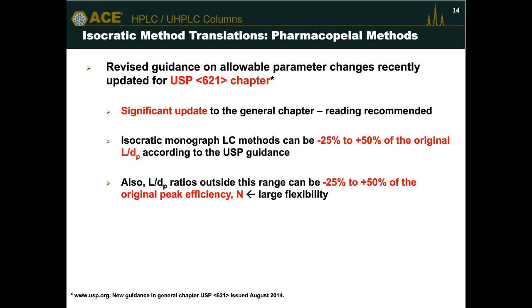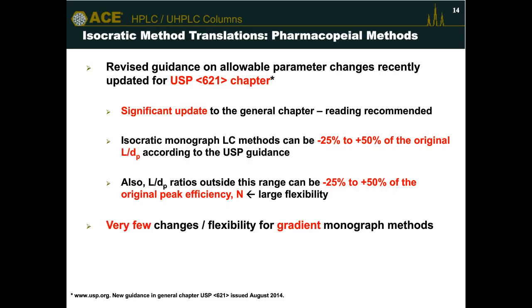That means that for isocratic methods, we can use a lot of different columns. Gradient methods, there's not that flexibility. So if your monograph states a gradient, then you have very little flexibility on the method column that you can use without having to do a revalidation.